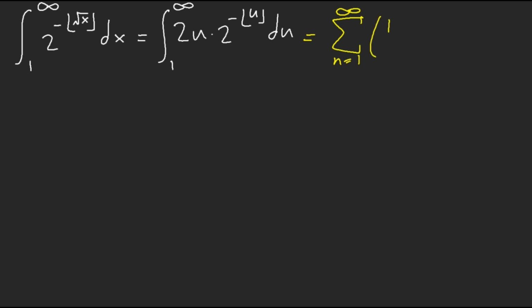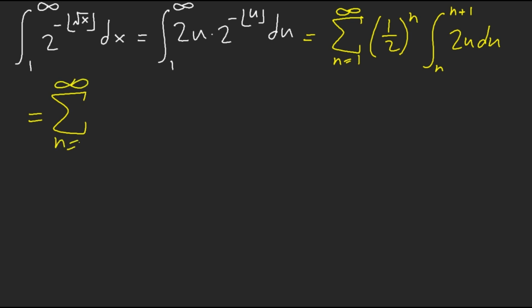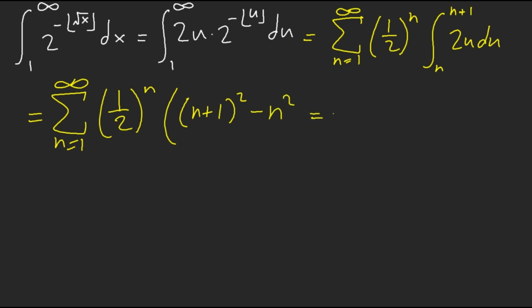That's simply a half, n at n plus 1, and then we're stuck with 2u du. So this is u squared, so what we have is the sum of 1/2 times u squared from n to n plus 1, which is (n plus 1) squared minus n squared, and this is equal to 2n plus 1.